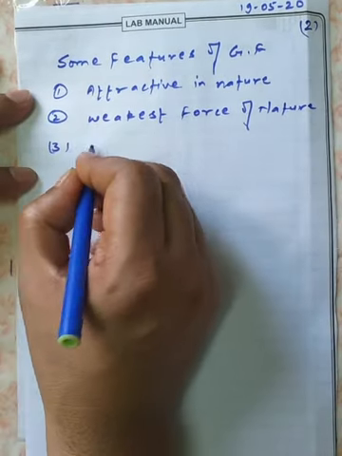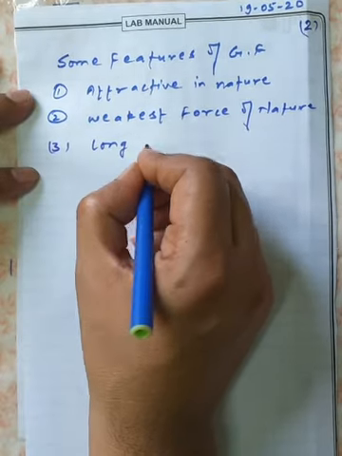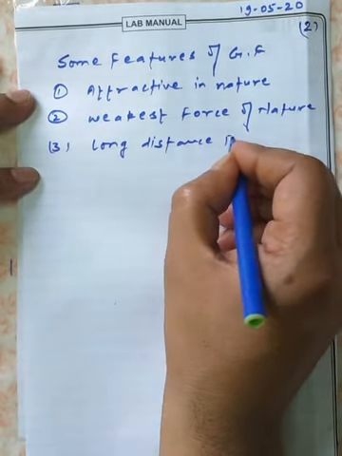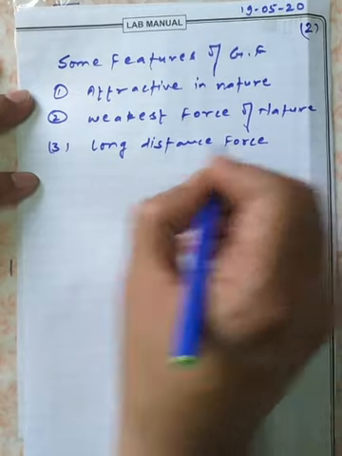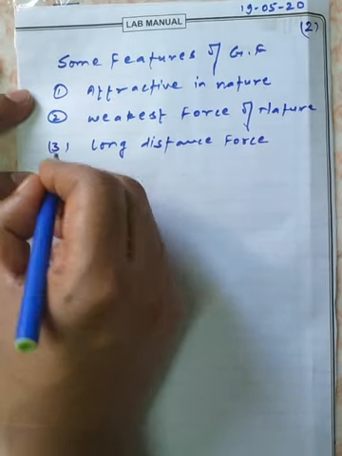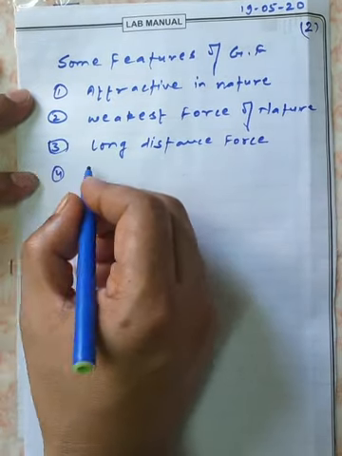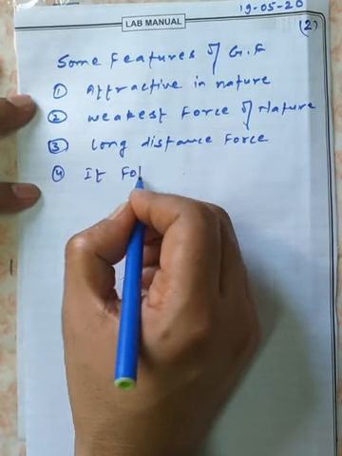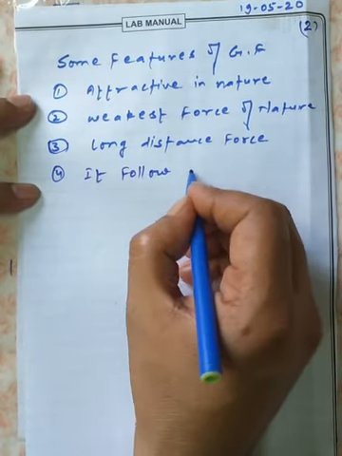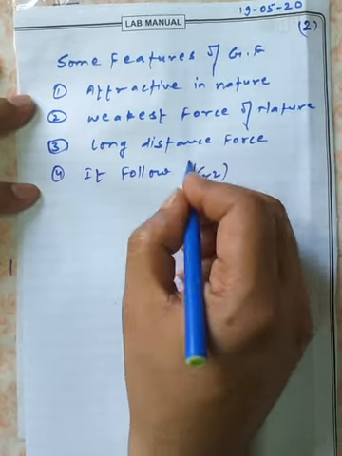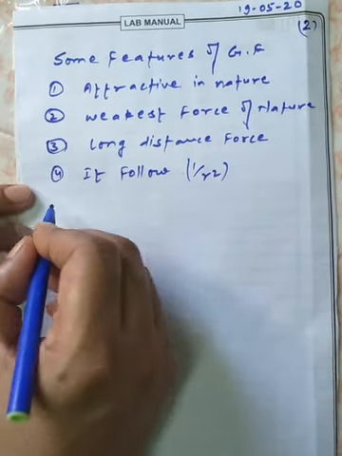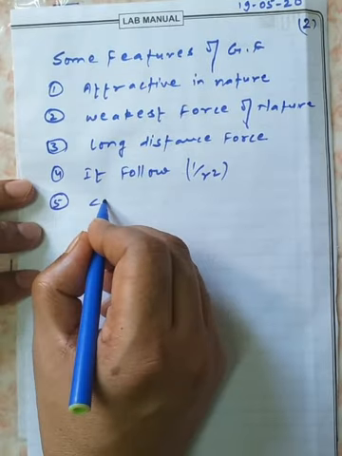Third, it is a long distance force. Now the fourth characteristic is that it follows the 1 upon r square rule, the inverse square rule.